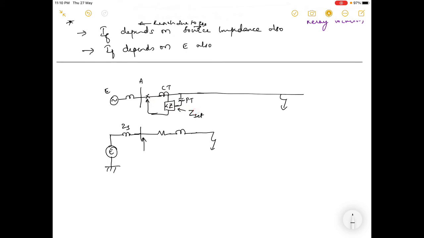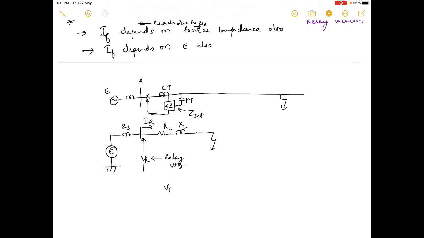At this point we call the voltage VR, because it does not signify receiving end voltage; it is the relay voltage at the relaying point, and we have a current at the relaying point. So this is the transmission line with RL and XL, and this is the relay voltage.